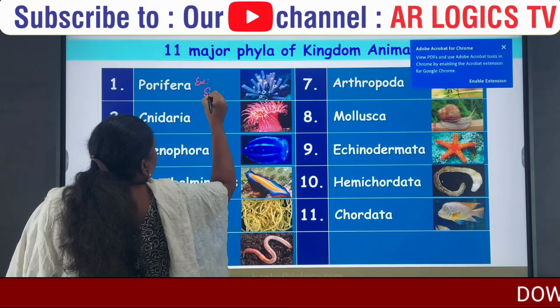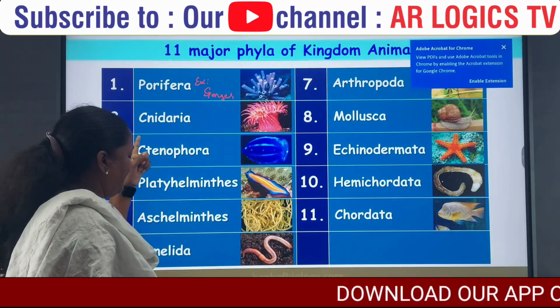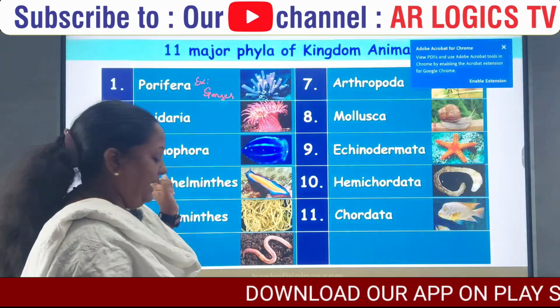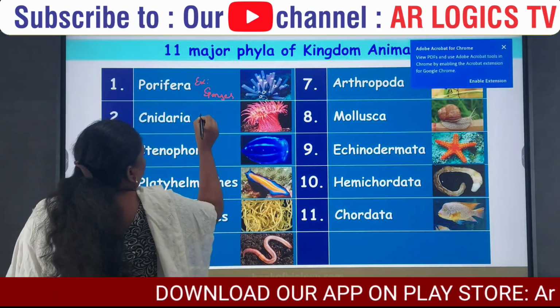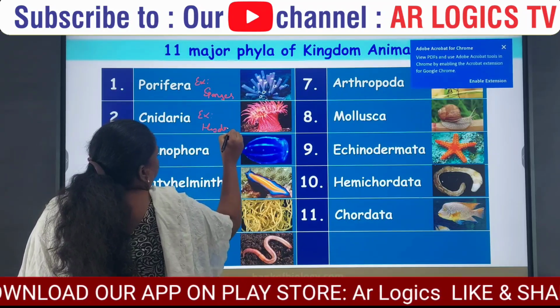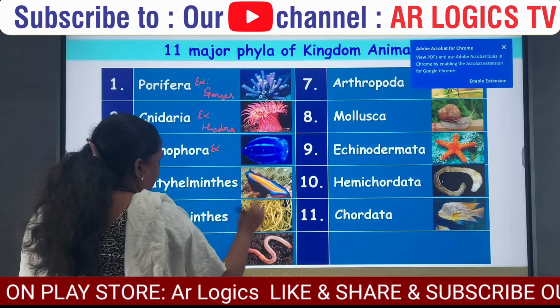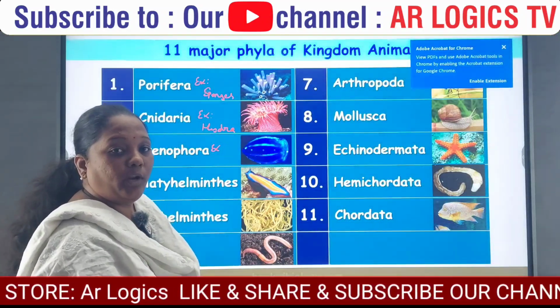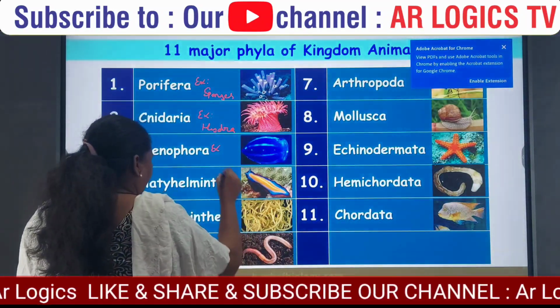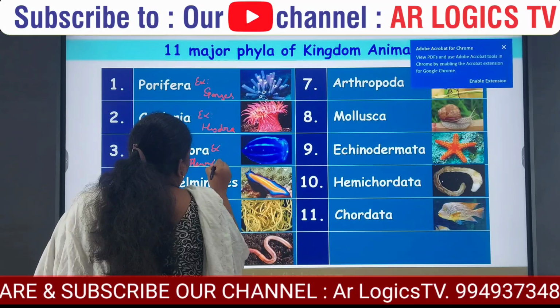Next, coming to the phylum Cnidaria, the example for Cnidaria is Hydra. Next, Ctenophora. Our next phylum is Ctenophora. The Ctenophora example is Pleurobrachia.